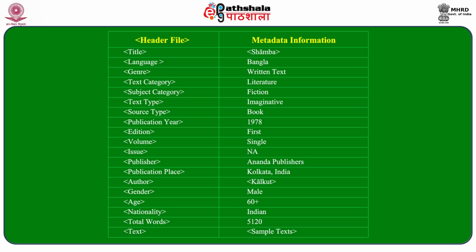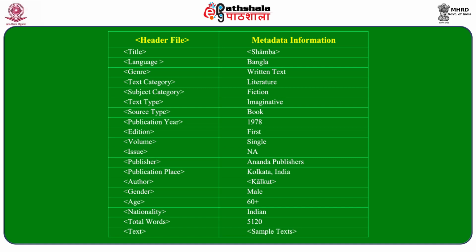So I can refer you to table number 4, the layer of metadata information that has been tagged over here. I can read it out. In the header file there is some information. The title field stores the title of the book. Then there is language, and the particular language name is included.